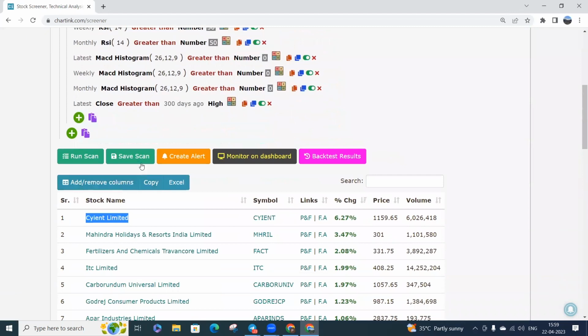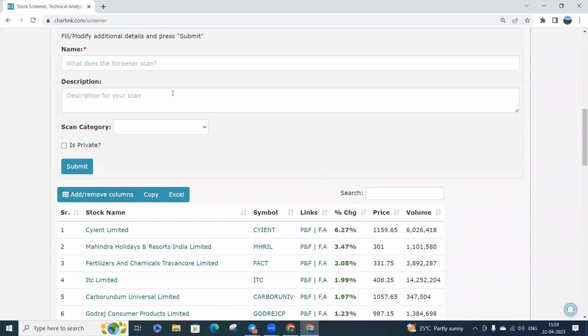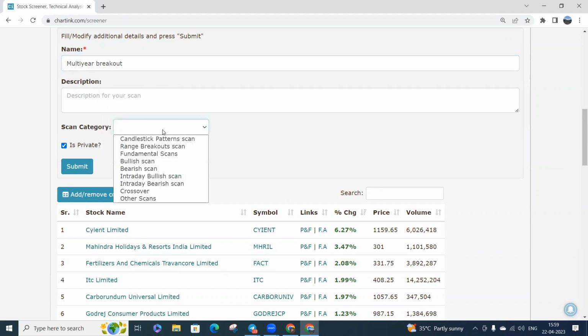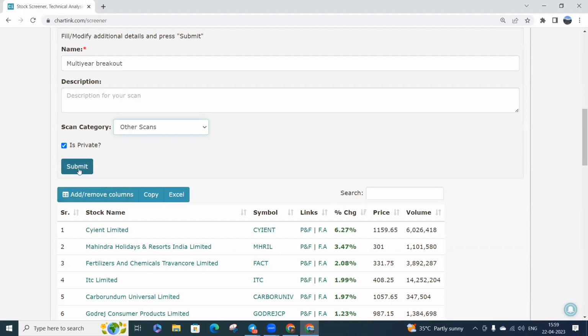I'm going to save the scan. Your breakout. Okay, I'm creating a private one, another scan, and I save it.